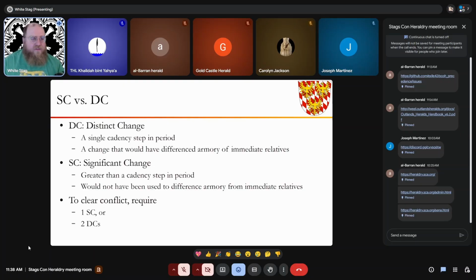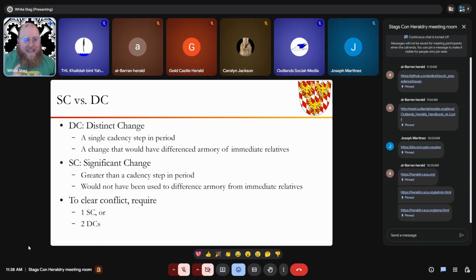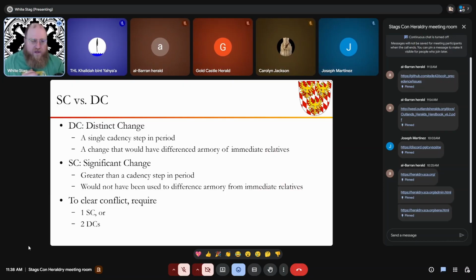A DC is a distinct change, and that is a change to armory which was considered a single cadency step in period. So that is a change that we've recorded as difference in armory of immediate relatives. So my arms to my brother's arms would be differenced by a single cadency step. So that's a DC. An SC is a significant change. That is a change greater than a cadency step, so that would not have been used to difference armory from immediate relatives.